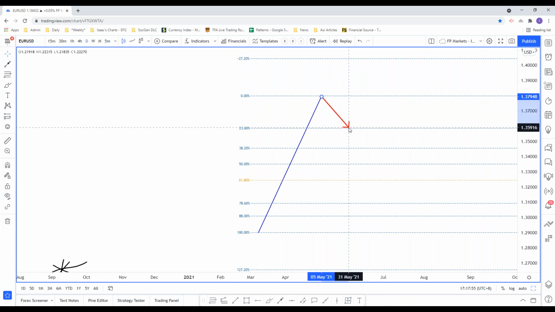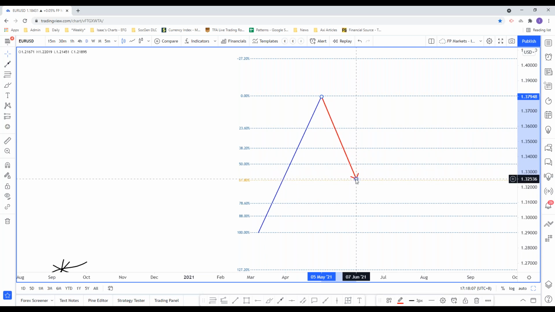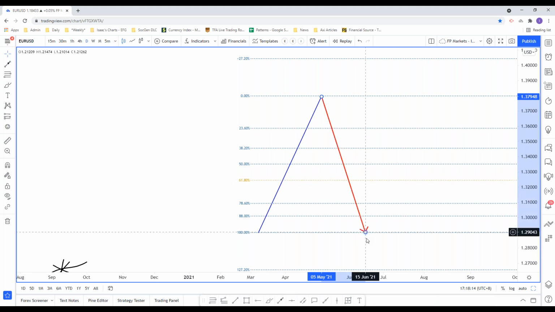when price comes down to the 23.6 level, it means that price has retraced 23.6% of this original 100% move. And when price comes all the way down to here, price has actually retraced 61.8% of the original move. And of course, if price comes all the way down to 100%, this is what we mean by price having completely retraced its entire move. So this is how we use the normal retracements. All these are finding supports.